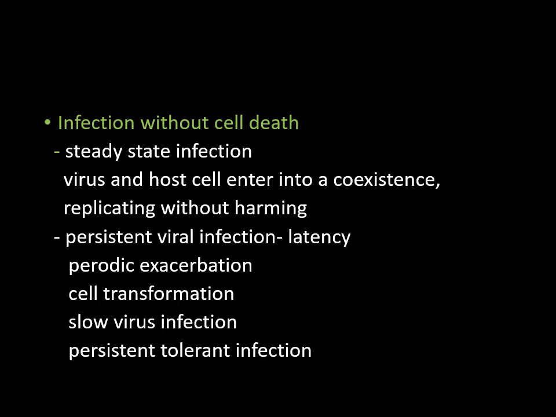That has been seen in certain oncogenic viruses, like Epstein-Barr virus and human papilloma virus. They cause transformation in the host cell, leading to tumor production. Then there are slow virus infections. These are viruses which have a very long incubation period, usually having neural manifestations. Then persistent tolerant infection can be there.